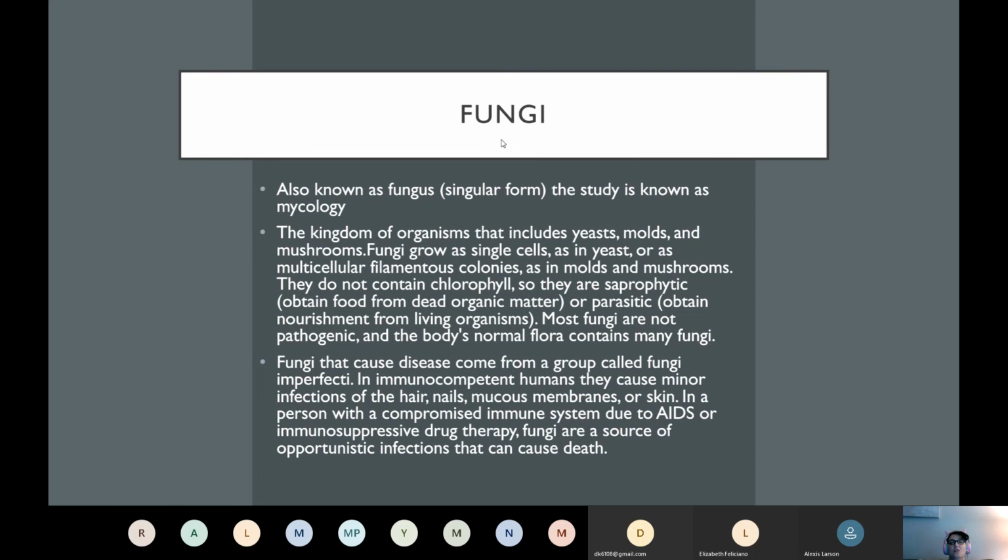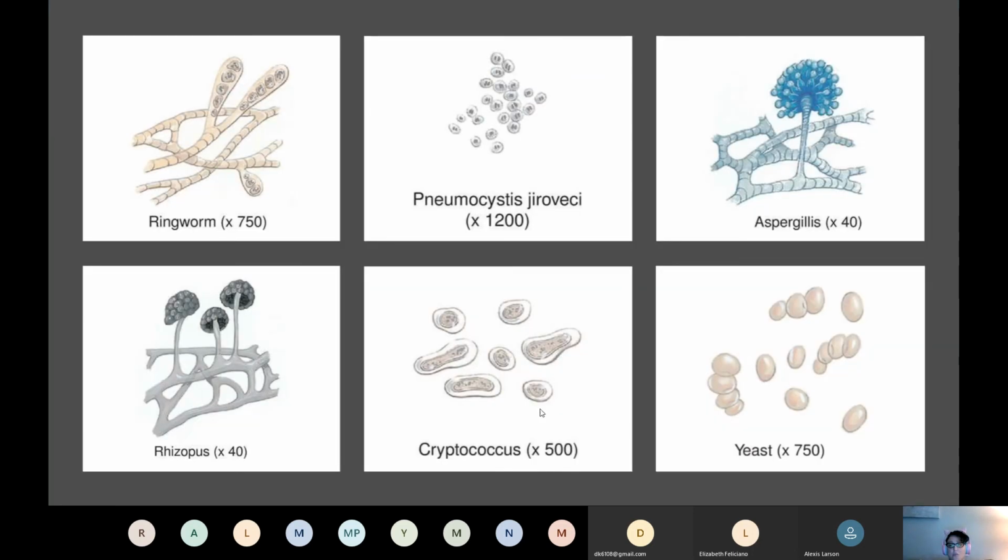Now, let's just think about fungus infections in general. We have many different types of funguses as well. Now, one thing that everybody always finds so surprising: ringworm is not a worm. When you get a ringworm, it's a fungus.